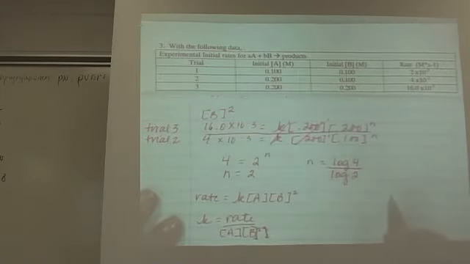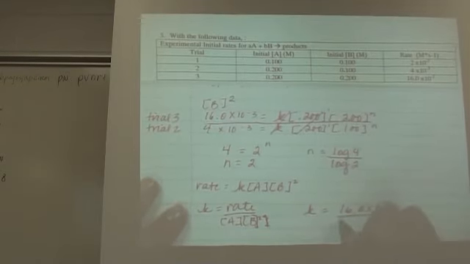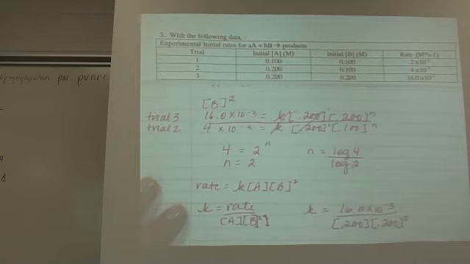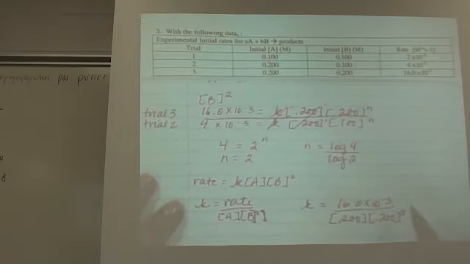I'm choosing experiment 3. K is equal to the rate from experiment 3 over the concentration of A from experiment 3 raised to the first power times the concentration of B from the third experiment raised to the second power.